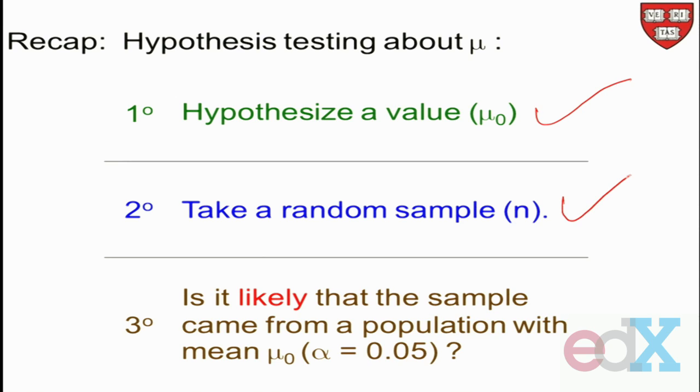Then we take a random sample of size n from that population, and then we ask the question, is it likely that the sample came from a population with this mean, mu sub 0? And what we mean by likely is we don't want to reject this hypothesis when in fact it's true.